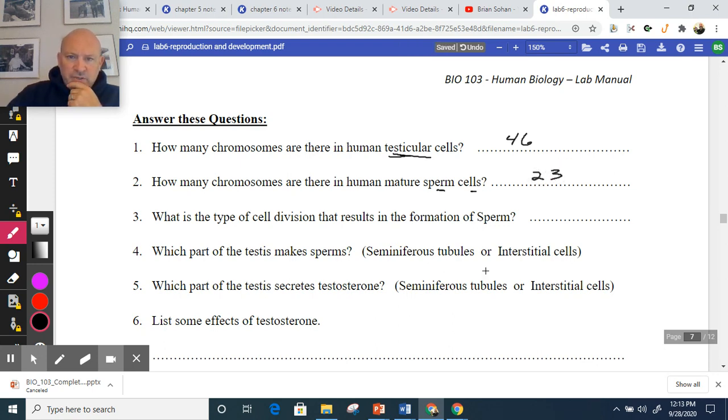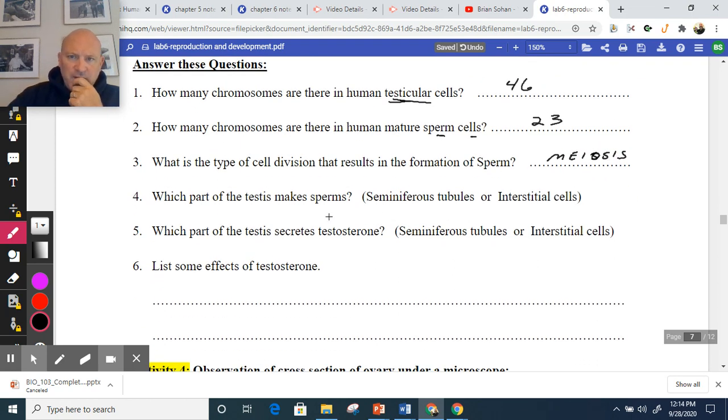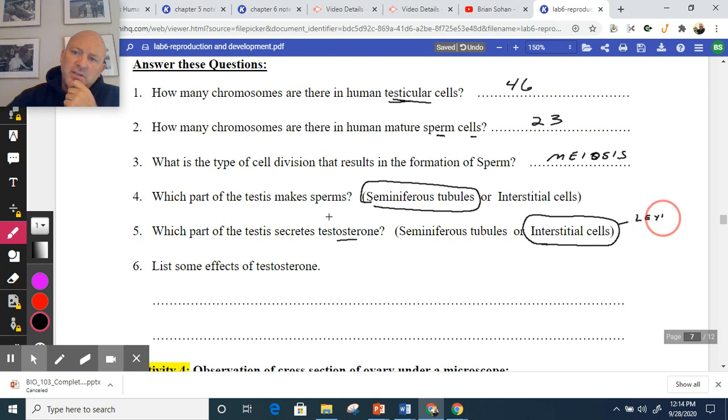What is the type of division that produces sperm cells? Well, this is a special type, right? It's called meiosis. And it's the seminiferous tubules that are producing these cells. Testosterone is coming from these interstitial cells. Remember from the notes in the book, we refer to interstitial cells as Leydig cells.